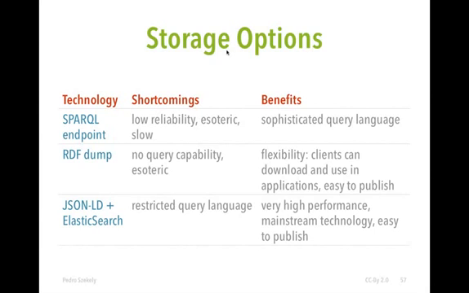Now, the problem with SPARQL endpoints is precisely that everybody can do queries to the database, which means that people sometimes do very expensive queries and they crash the database. And so SPARQL endpoints are very difficult to keep working reliably.